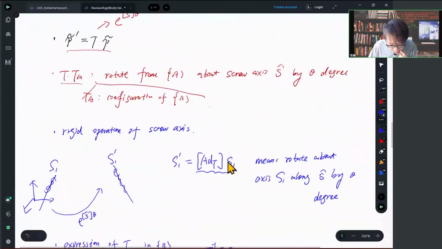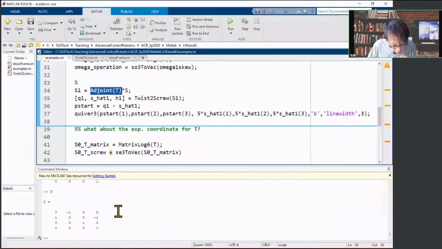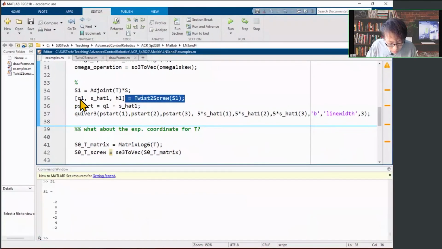If you want to apply the rigid body motion transformation T to S, you move to S prime. So if we multiply this, we get S1. S1 is another 6 by 1 vector that tells you the new screw axis. Of course, you can go from the twist to the actual screw axis and plot it.